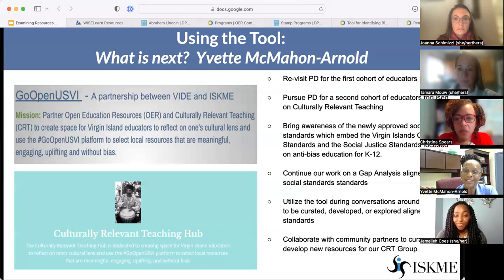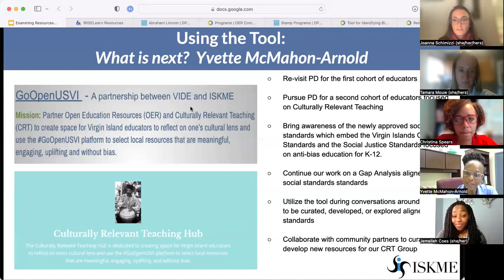We also want to look at a second cohort because we want to build capacity around using this tool. And we want to bring awareness of the tool through our new social studies standards. These were recently approved by the Board of Education, and the standards embed the social justice standards, which are focused on anti-bias education for K-12.